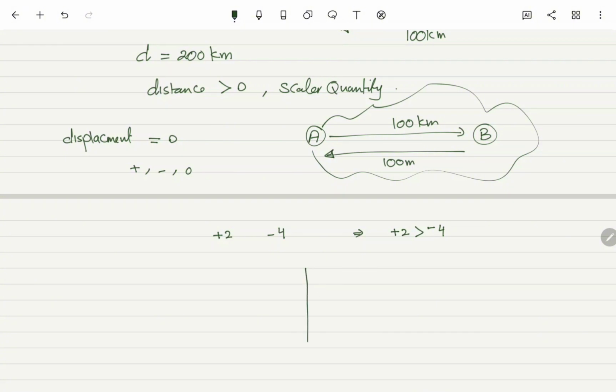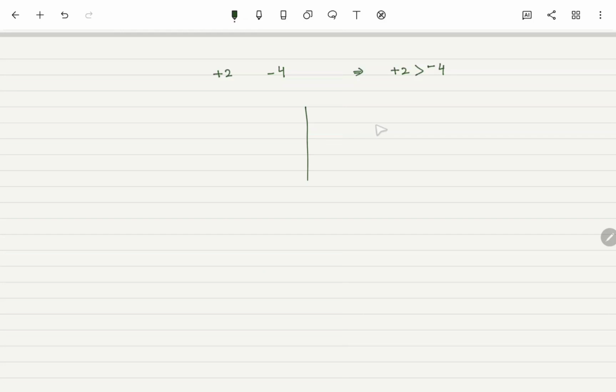If we have a wall like this one here, and there's a guy standing 2 meters from this wall, and there is another guy standing -4 meters from this wall, the displacement for the second guy is actually greater than the displacement for the first, even with the minus sign.